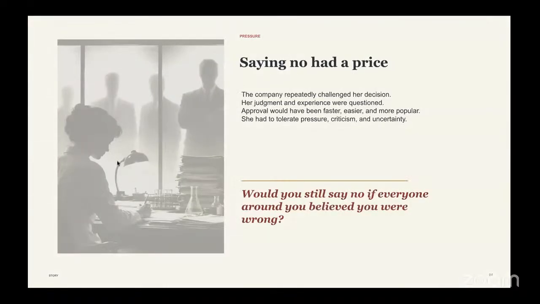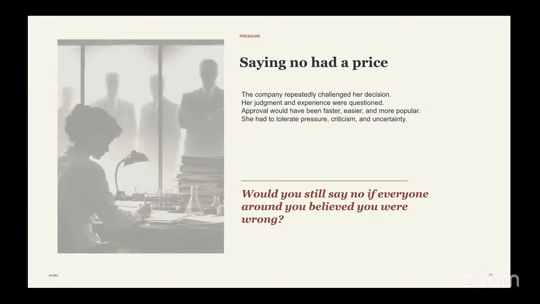And of course, saying no was not easy. That's actually what makes this story relevant to us today, because saying no wasn't comfortable for her. The company challenged her decision a lot, and she continued to tolerate that pressure. That brings us to the question I want you all to think about today: would you still say no if everyone around you believed you were wrong?